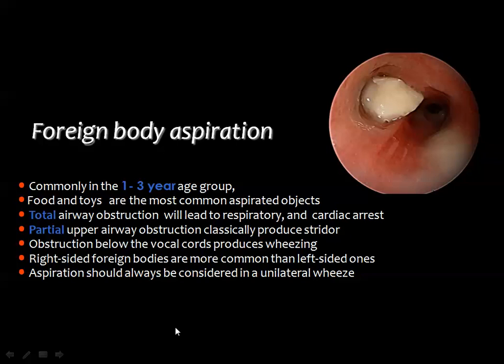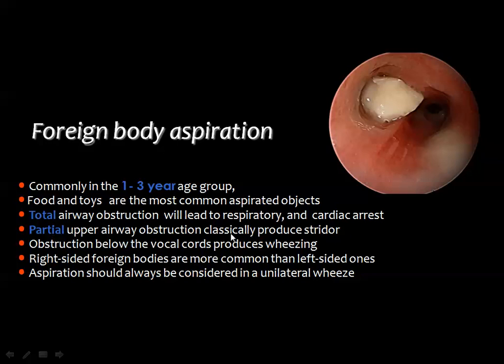Then the commonest age for foreign body inhalation is between 1 to 3 years of age, although reported cases are seen in children younger than 1 year, in the range of 6 to 8 months. And food or toys are the most common aspirated objects.